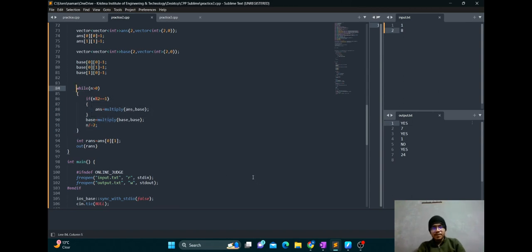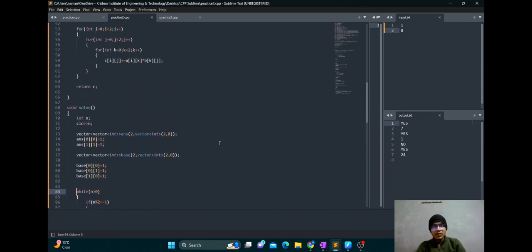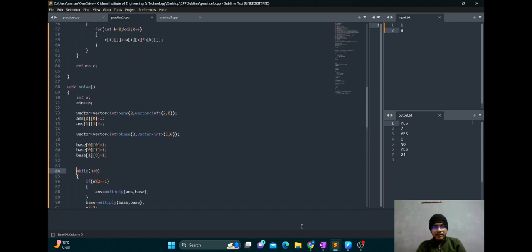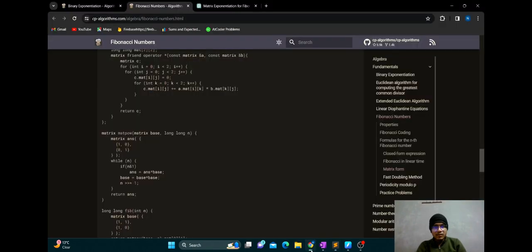So the code is taking too long to execute. It is a whole code.